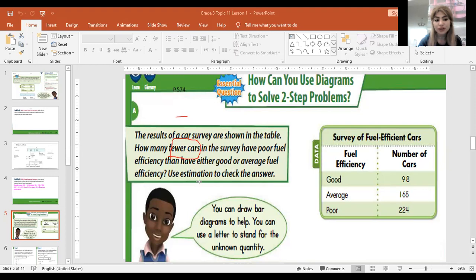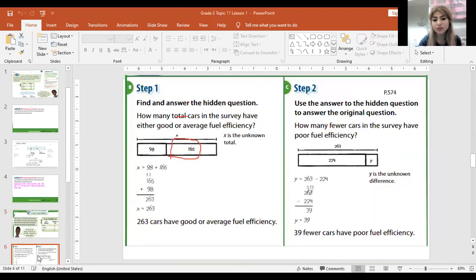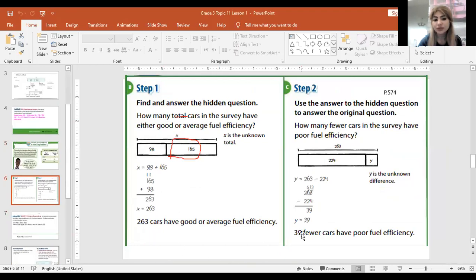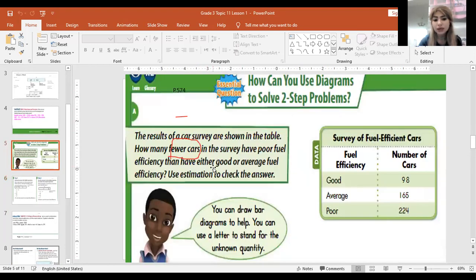Use estimation to check the answer. So he wants me to know the difference between the three, either good or average, have poor fuel efficiency, then have either good or average fuel efficiency.